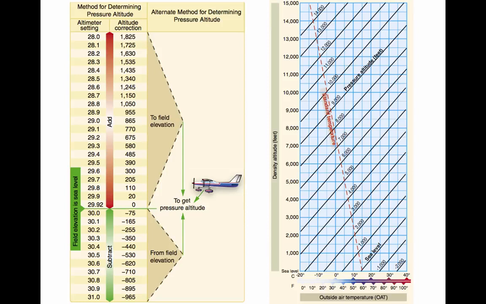As the density of the air increases, a lower density altitude, aircraft performance increases. Conversely, as air density decreases, a higher density altitude, aircraft performance decreases. A decrease in air density means a high density altitude. An increase in air density means a lower density altitude.